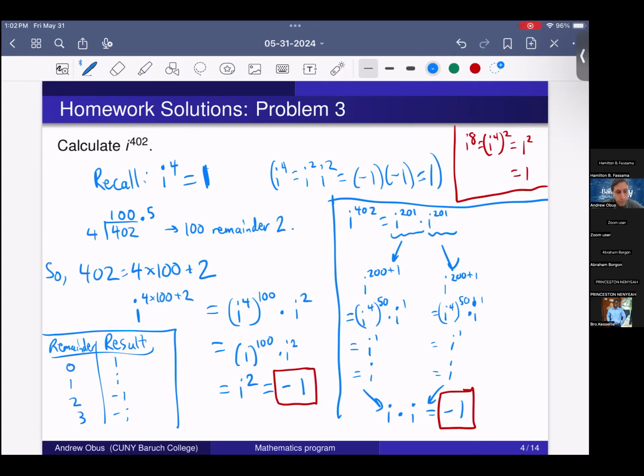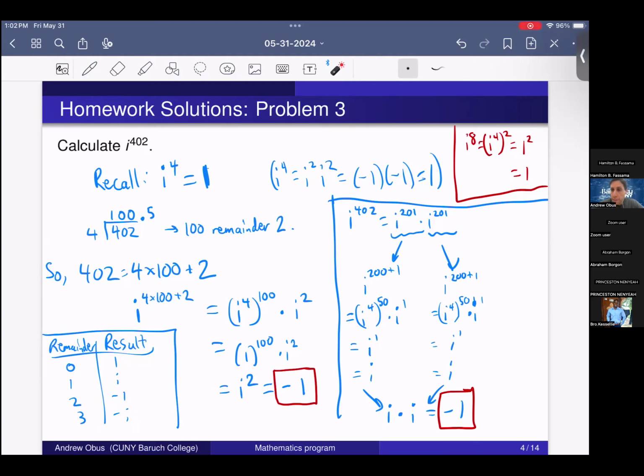So for each time you do your division, you divide by 4. If the remainder is 0, you are getting 1. If the remainder is 1, you get i. If the remainder is 2, you have -1. And if the remainder is 3, you have -i. Exactly. Yeah, that's exactly how this table works. Okay, great. Thank you.